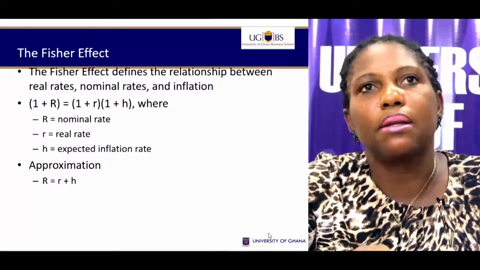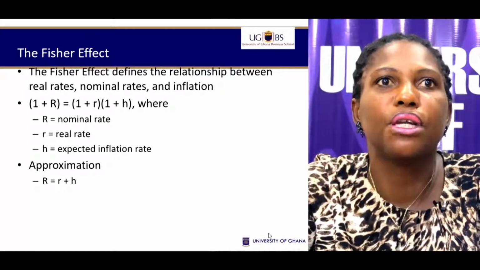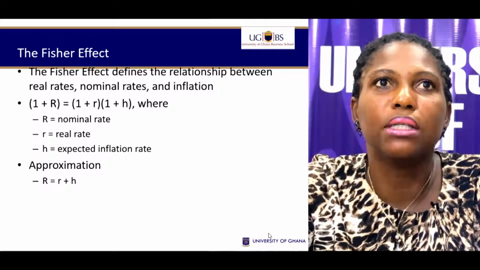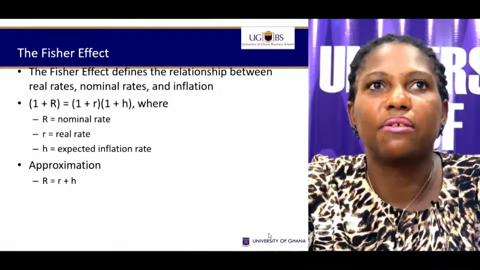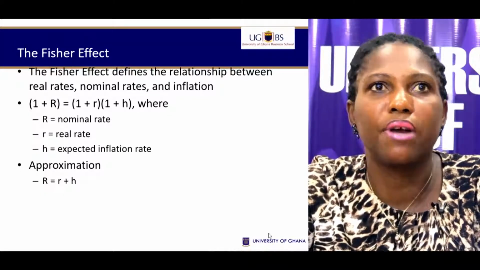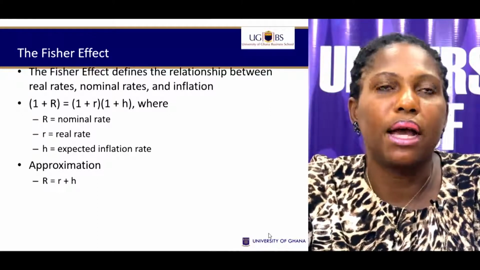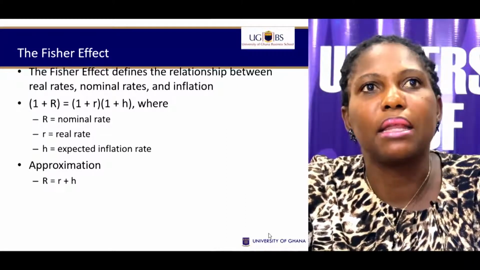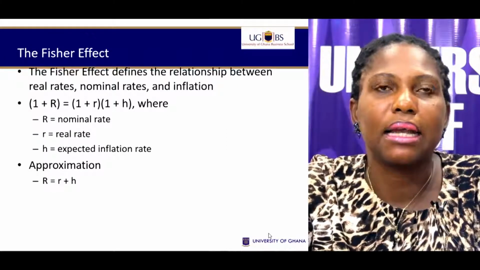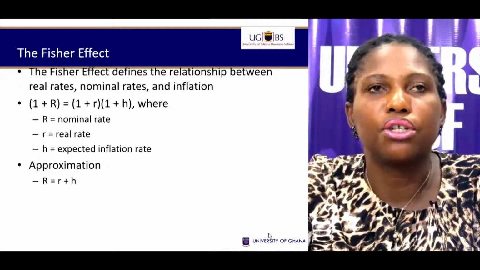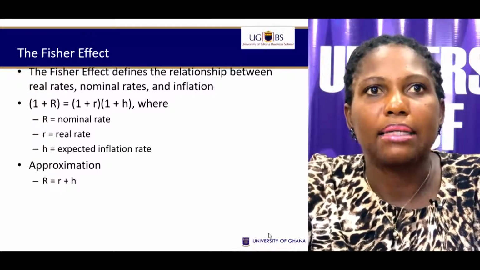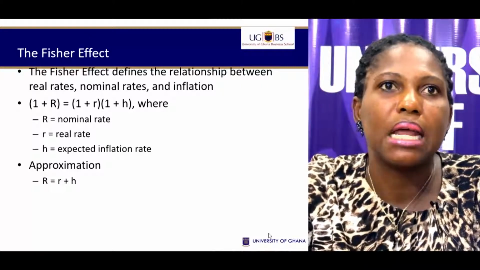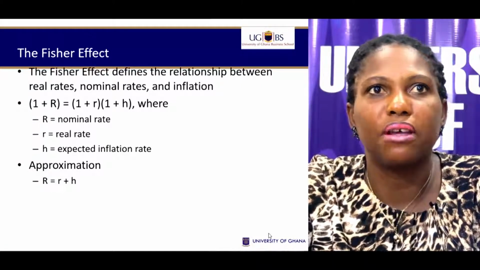Now, when it comes to looking at the rates that are normally used in pricing the bonds, the Fisher effect defines the relationship between real rates, nominal rates, and inflation. So when you look at the Fisher effect to determine the actual rates that you will be making, it means that to a large extent, the yield to maturity that you're making has implicitly the real rate that you're making for deferred consumption and the expected rate of inflation.